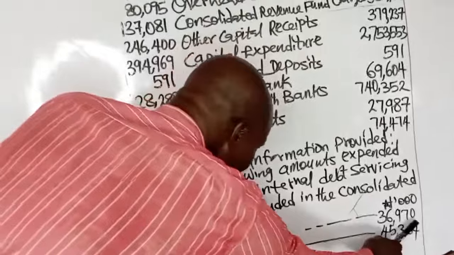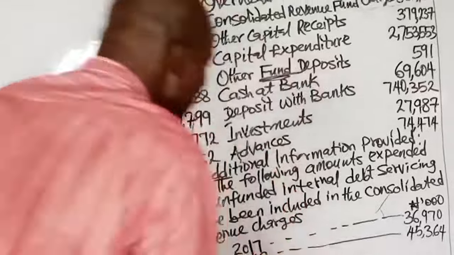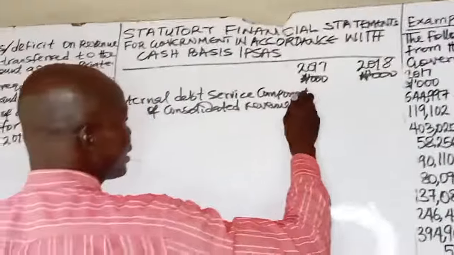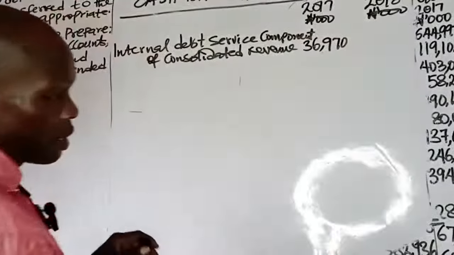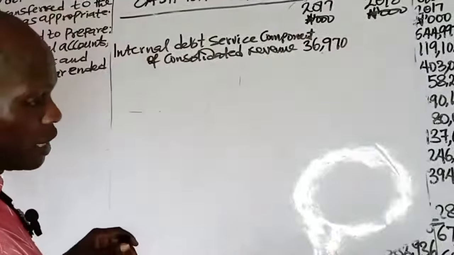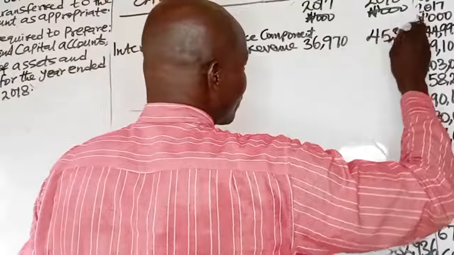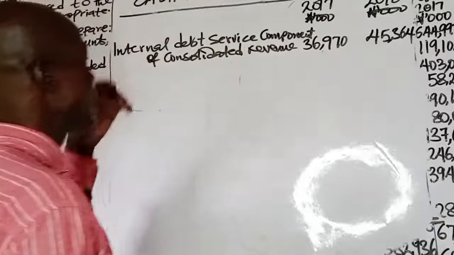That of 2017, we have 36,970. 2018, we have 45,364. So you only state it. 2017, 36,970. 2018, 45,364. So this is the end of the solution to the first part of the question.